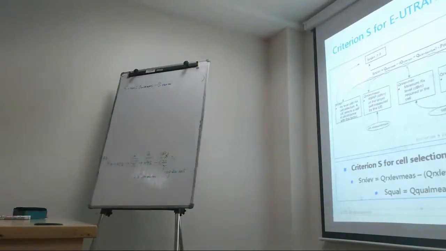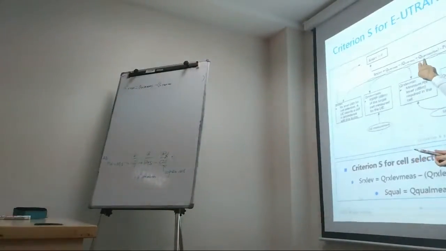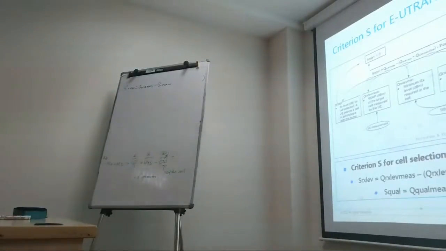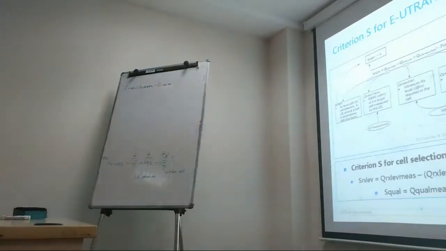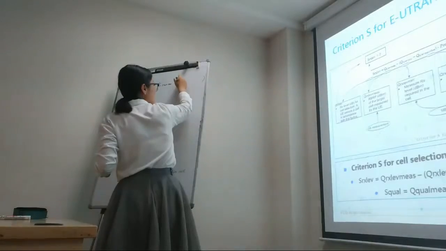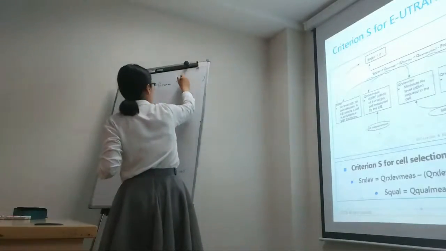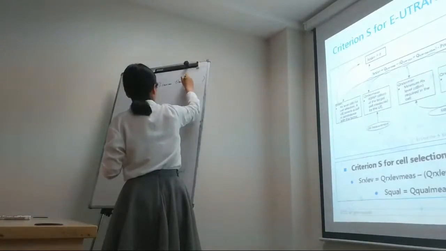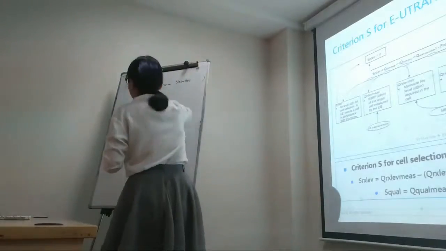But because in our network we have different PLMNs, sometimes it will give a higher priority PLMN compensation. If there is a high priority PLMN, this threshold will be lower, so we will give an offset.